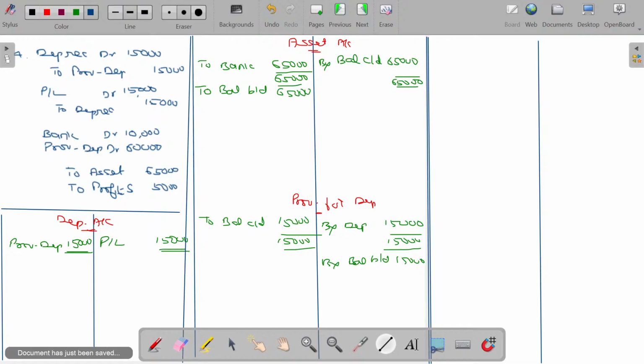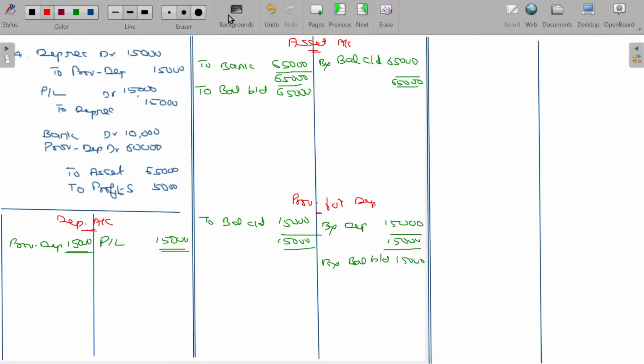Let's see. In P&L account, the amount of depreciation for the year will be appearing in the debit side. In balance sheet, we have two balances.